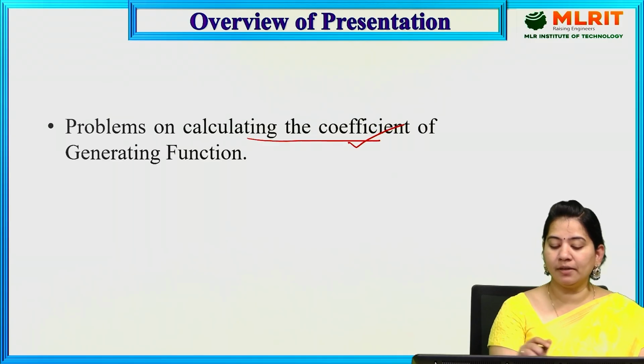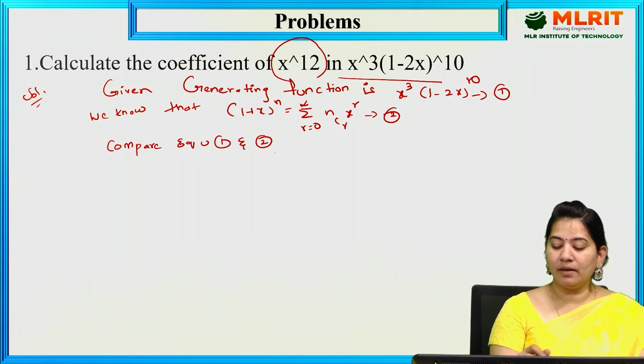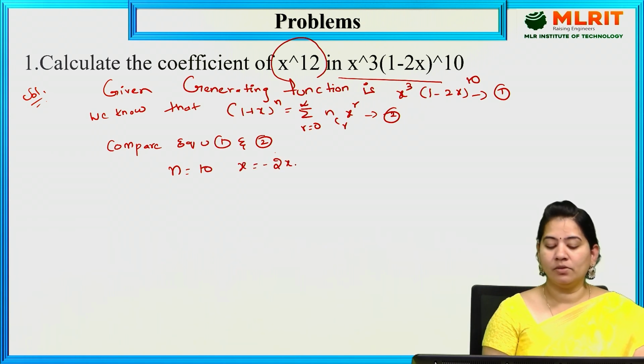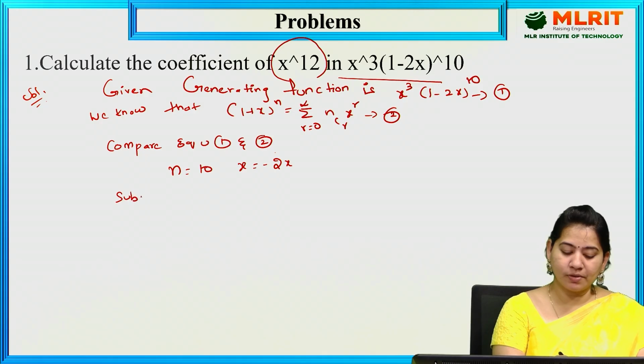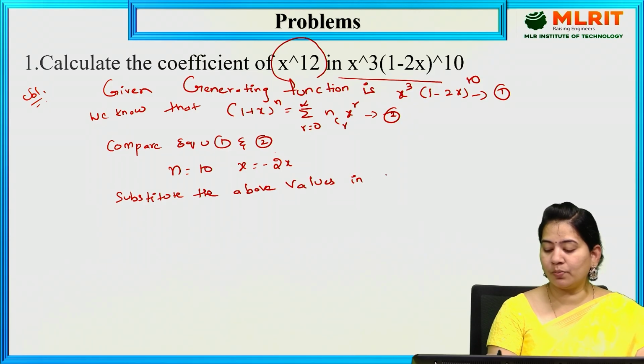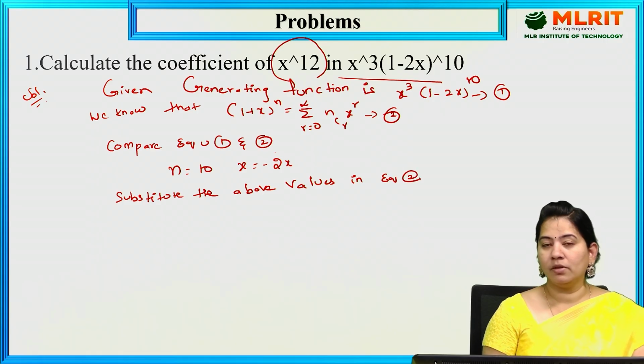If you observe, we have n and x. Let us suppose n is equal to 10 and x is equal to minus 2x. Now substitute these values in equation 2.